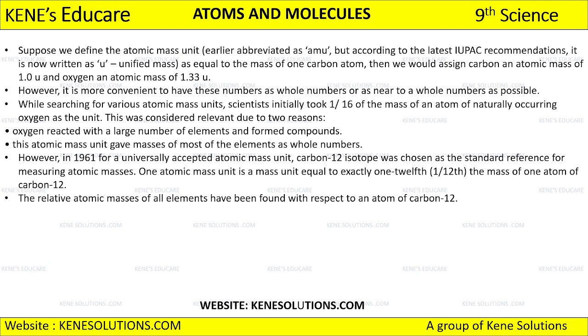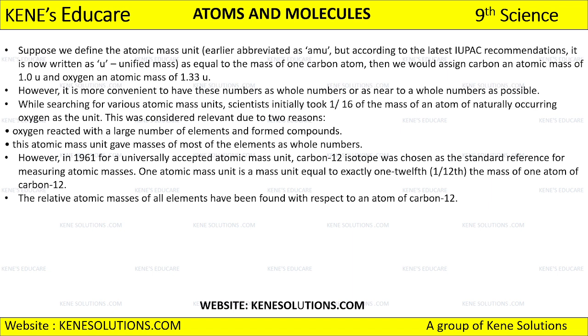Okay, and this atomic mass unit gave masses of most of the elements as whole numbers, and that is the reason that 1 by 16th mass of the atom was chosen. Okay. However, in 1961, for a universally accepted atomic mass unit, the carbon-12 isotope was chosen as the standard reference for measuring the atomic masses.